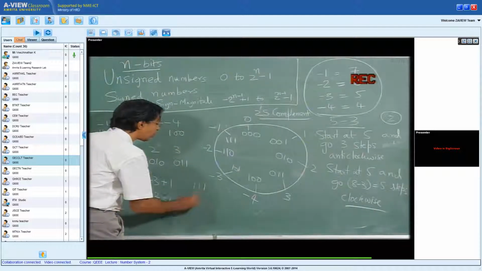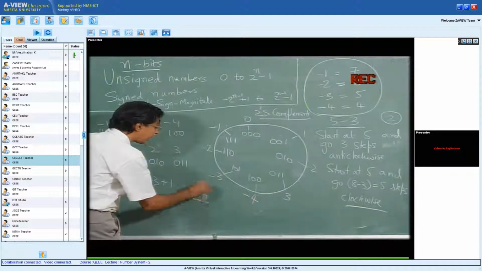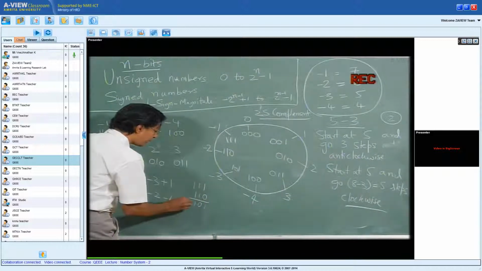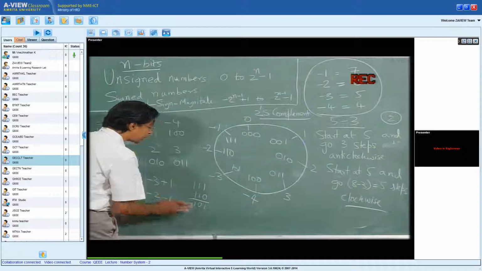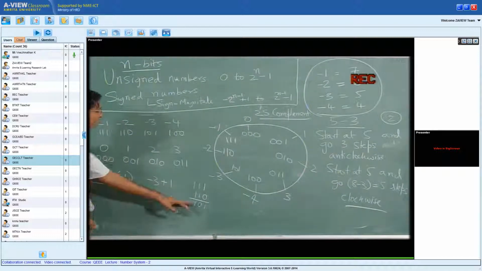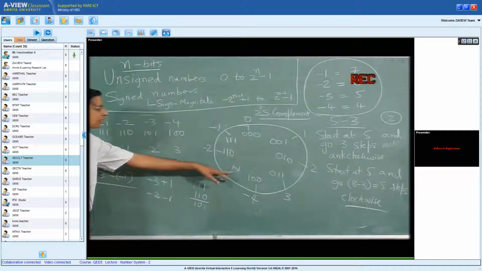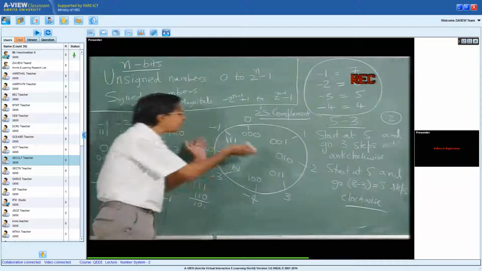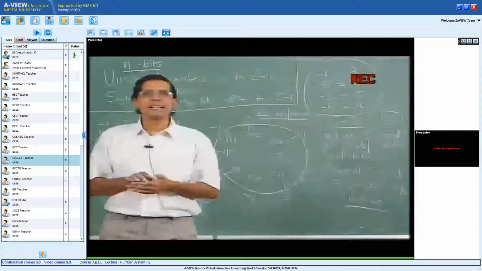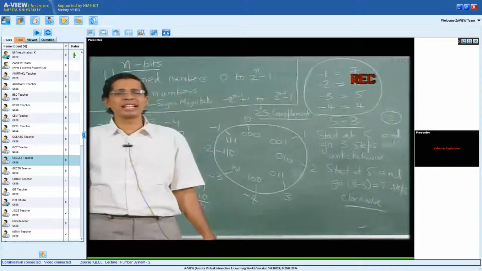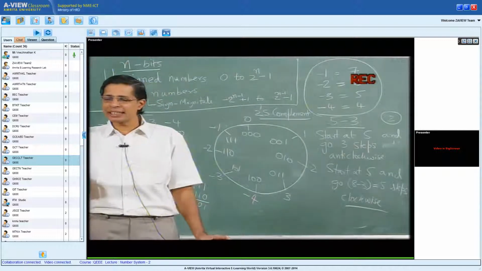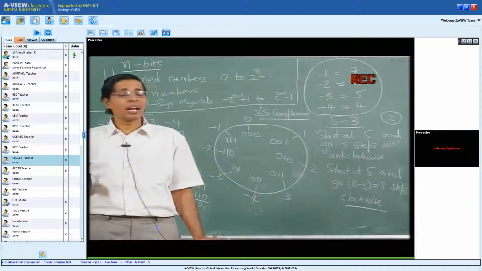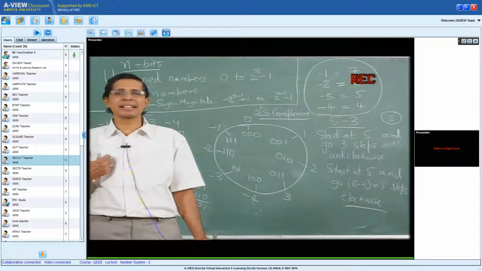So if I add this 111 with 110, I get 1 plus 0 is 1, 1 is 0, and just ignore the next digit. So I get 101, which is nothing but -3. So I just take the representation of these numbers and give it to the adder. The adder just treats it as two unsigned numbers, adds it, and the resulting answer I can interpret in whichever way, and I get the correct answer.